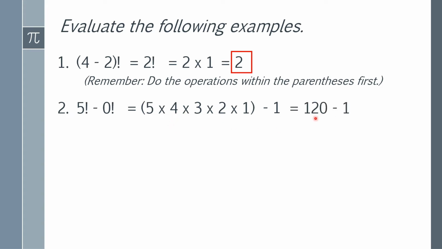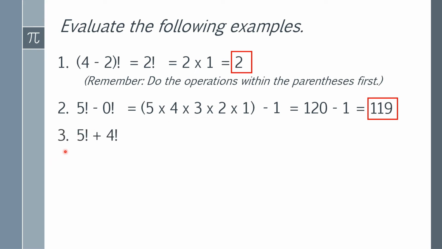Where did we get 120? 5 times 4, that's 20, times 3, that's 60, times 2, that's 120, times 1, still 120. Then we will just copy minus 1. 120 minus 1 is 119. And that is our final answer.